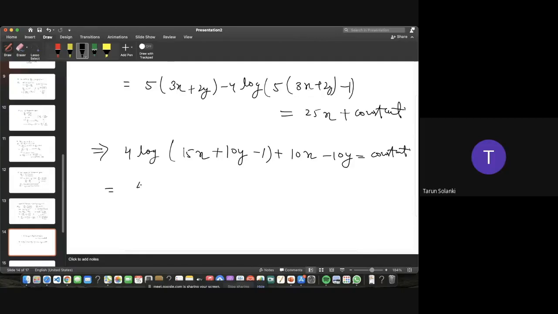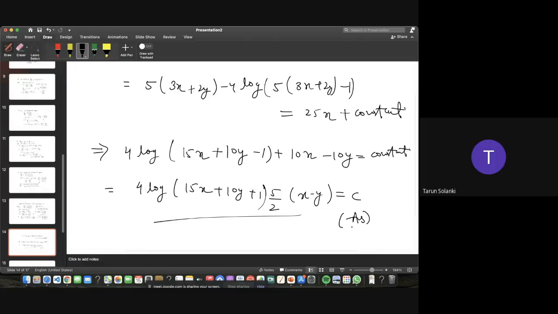So this becomes 4 log(15x + 10y + 1) divided by (5/2)(x - y) = c. So this is the final answer.